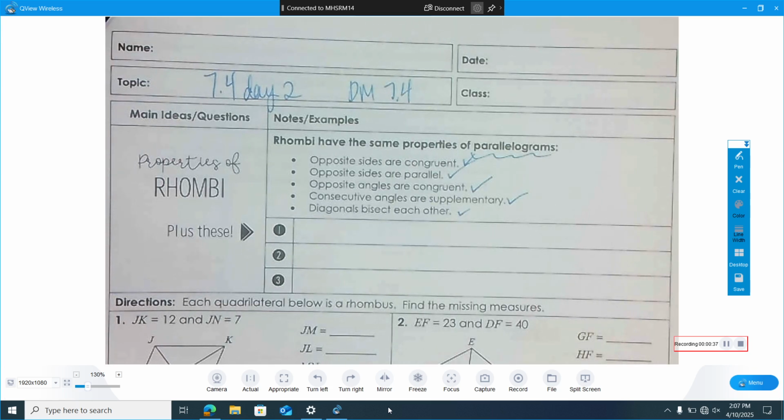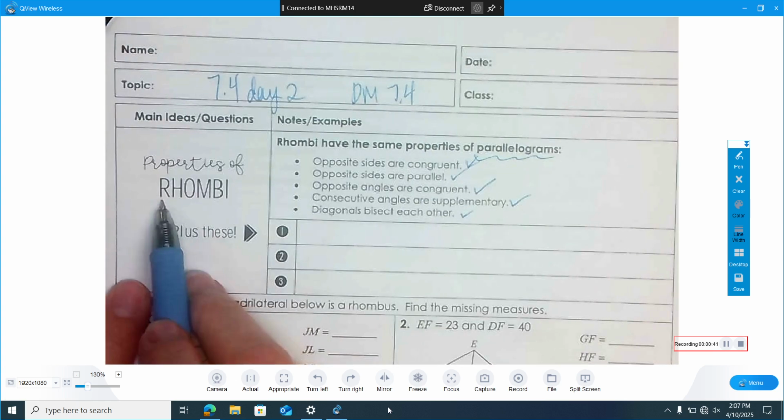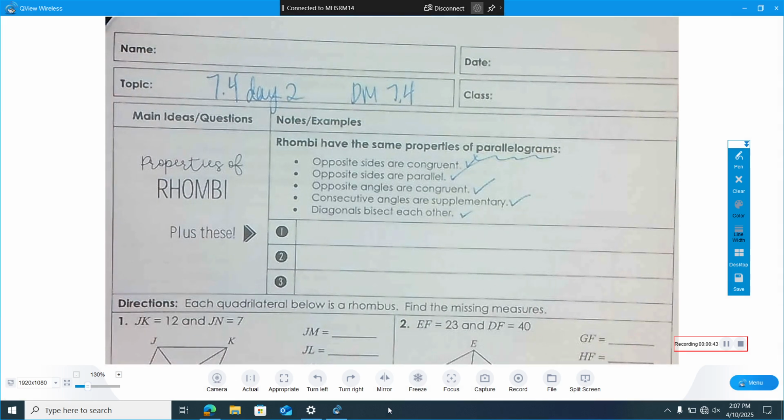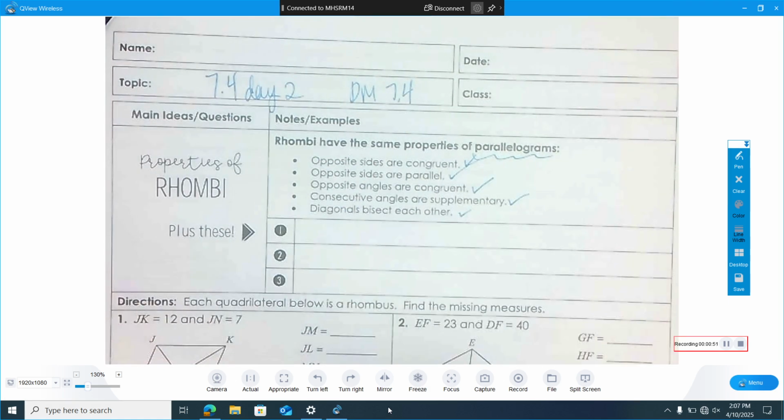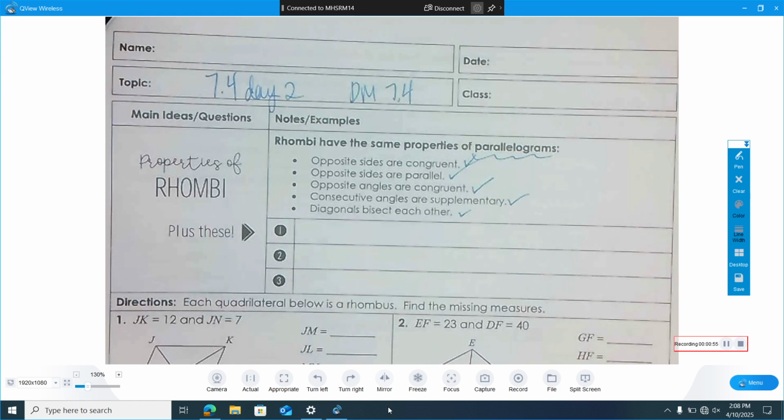Today we are getting even more specific with properties of rhombi or a rhombus. A rhombus has a few extra things. Rhombi is plural.